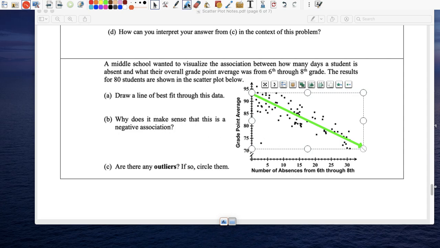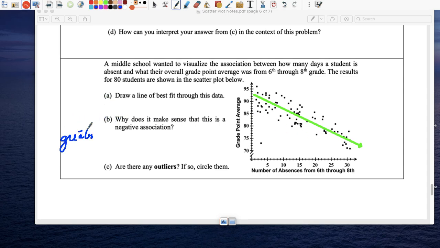Why does it make sense that it is a negative association? Because the greater your absences, it seems that the lower your GPA is.